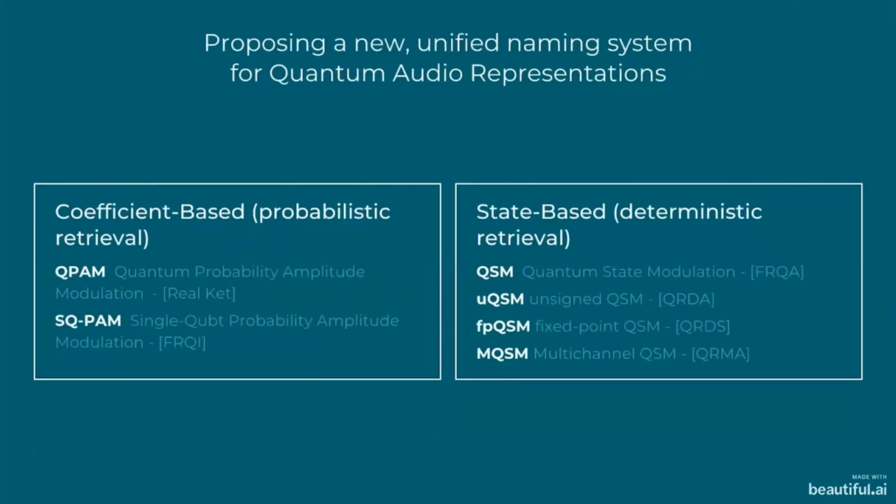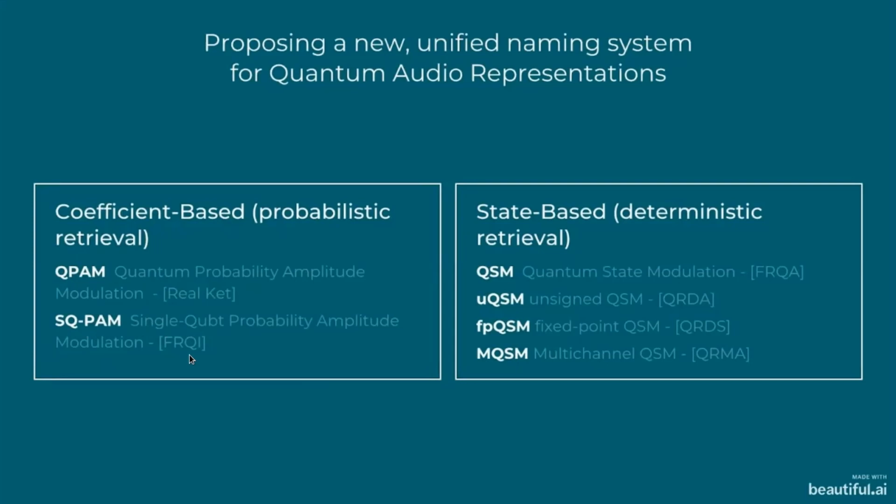So let me formally introduce these new naming systems for quantum audio representations. We have the RealCat version of audio, which I've called the quantum probability amplitude modulation. This is simply a quantum superposition. We have this one that is called single qubit probability amplitude modulation.